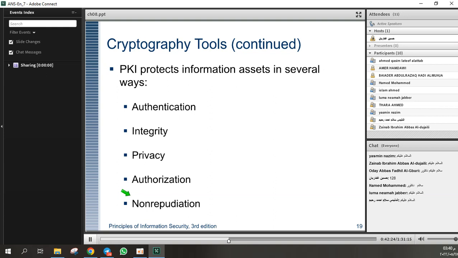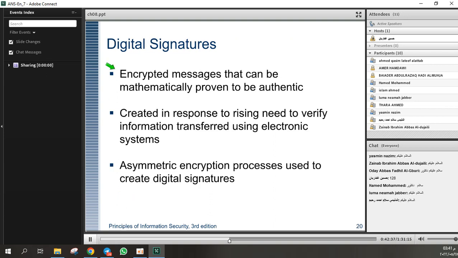If I use PKI, I can prove that it was not me, or somebody can prove that it was me because of non-repudiation. Nobody can deny his or her identity.